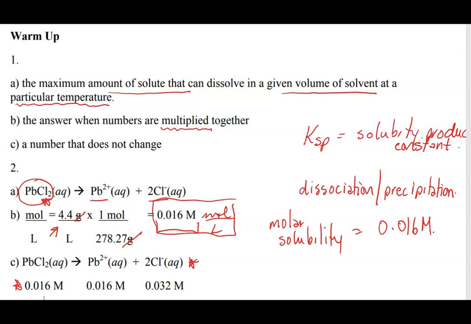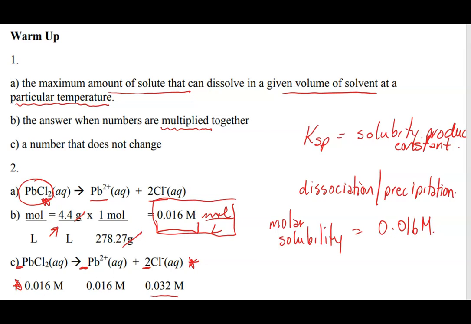So that's what we've got in terms of the molar solubility. That means when this dissociates, we're going to get 1 Pb2+ for every 1 PbCl2, but we're going to get twice as many chloride ions. So that gives us double the concentration of chloride ions. So we've got the ion concentration from the molar solubility.